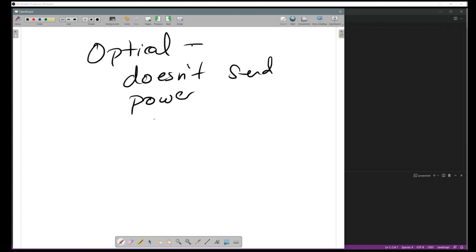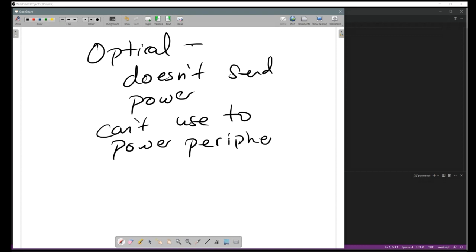So we can't really use optical to power our mice and stuff. Now there do exist composite cables that have both optical and power cables, to combine the two, and those work pretty well.